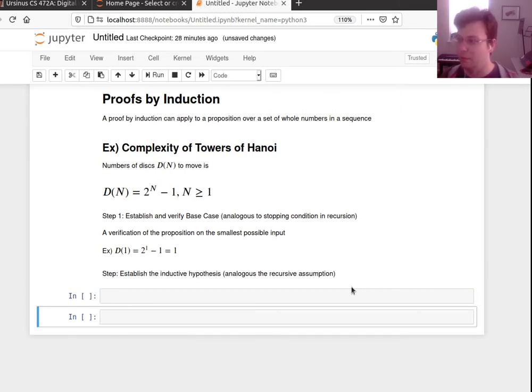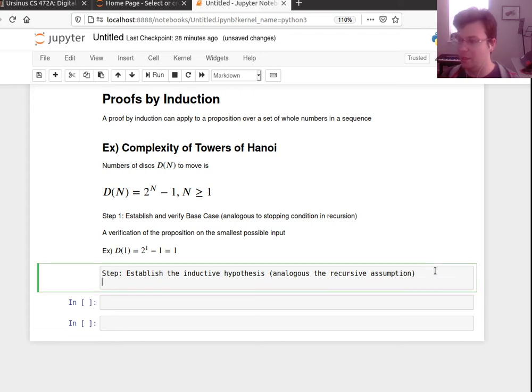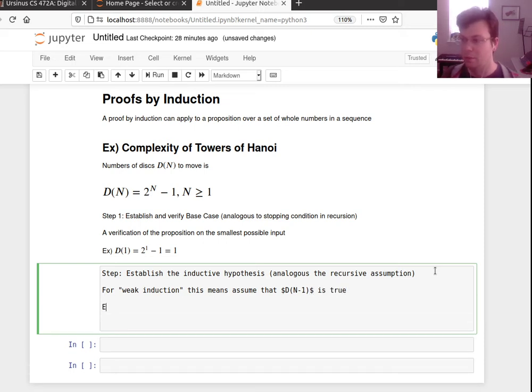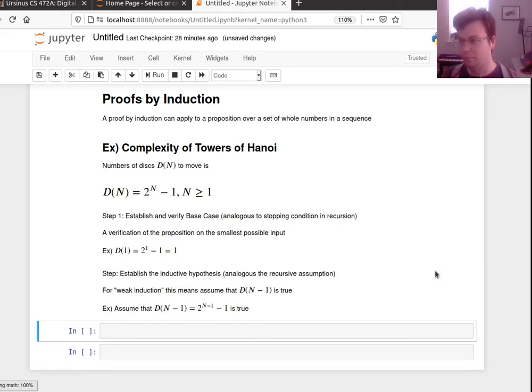So in this example, for what we're working on now, weak induction, and we'll do strong induction in homework, for weak induction, this means assume that your proposition at n minus 1 is true. All right. So in our example, we're going to assume that d of n minus 1 equals 2 to the n minus 1 minus 1 is true.